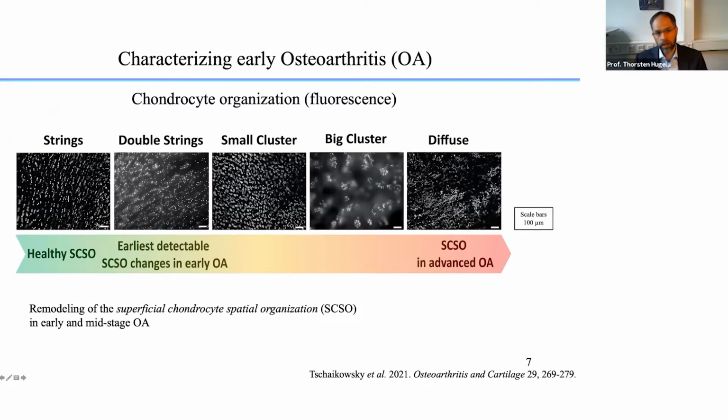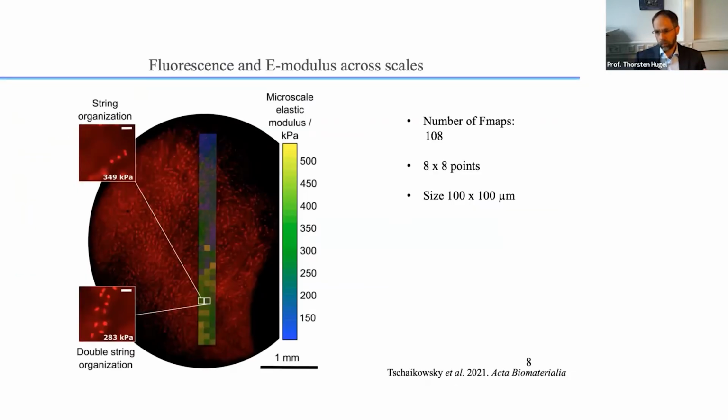And this is basically the healthy one, and then earlier osteoarthritis, and so on. And what was known before is that this probably affects the elastic modulus. And this is what Matthäus showed you in detail, that we could show that the pattern of the cells correlates with the elastic modulus.